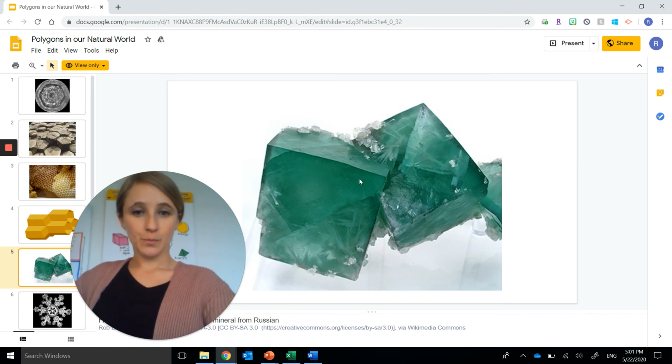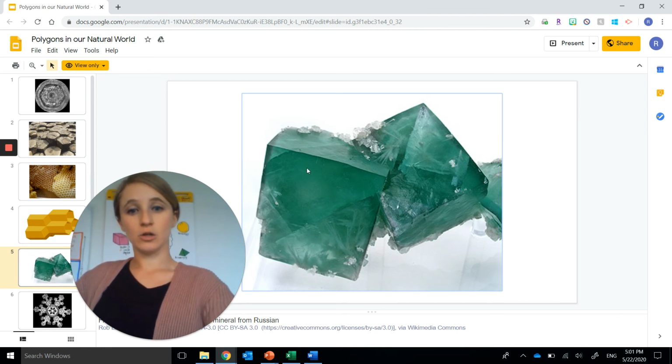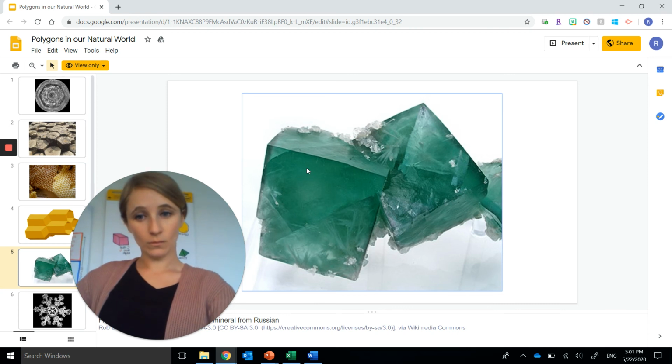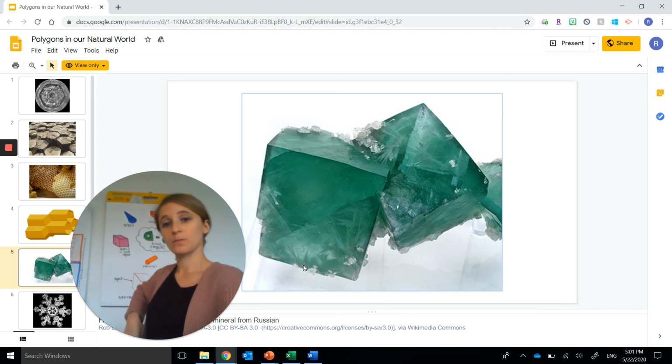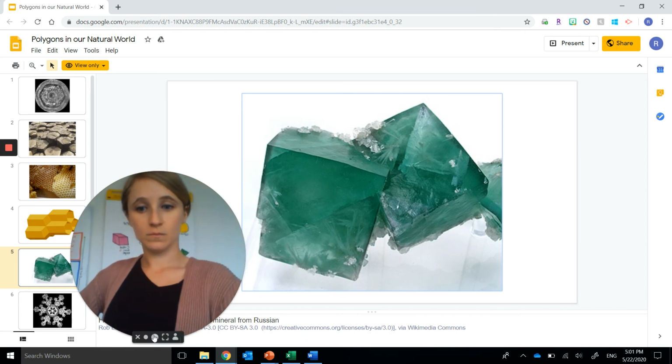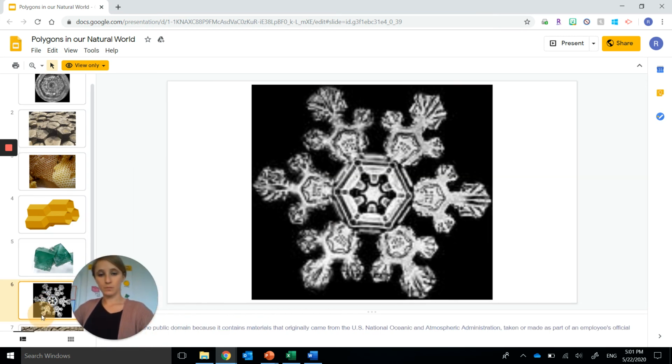Here's another shape. What shape do you think you're seeing here? Think about this, the faces and the edges. To me, these are like cubes, and you might agree. Wow, I'm seeing a lot of shapes in here.